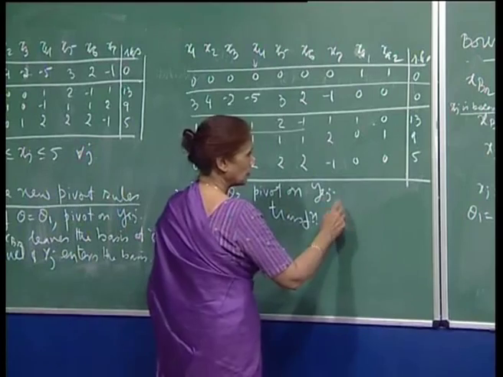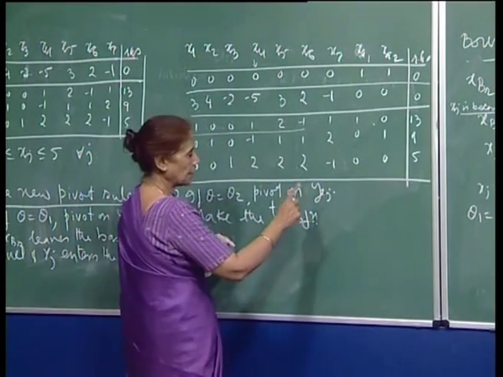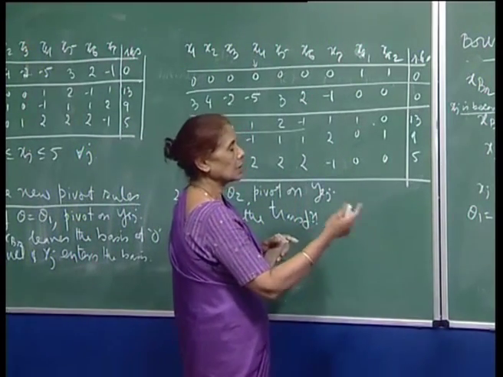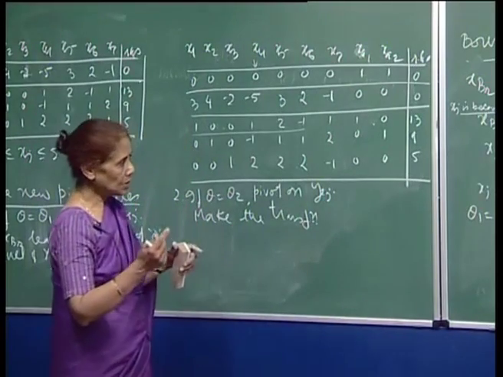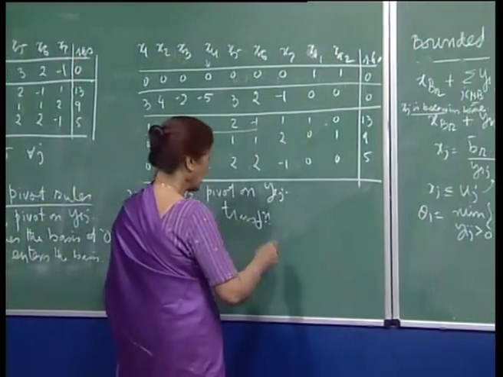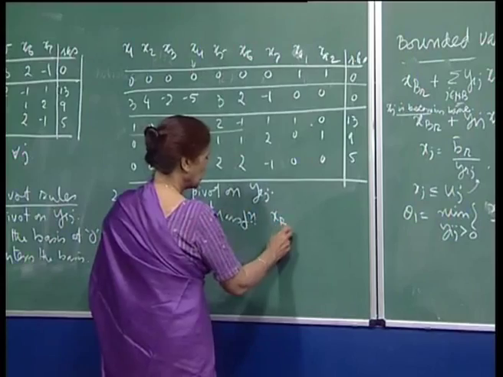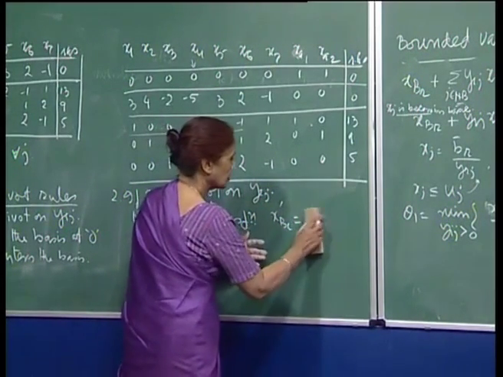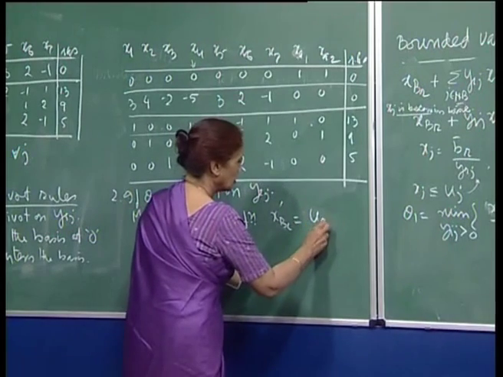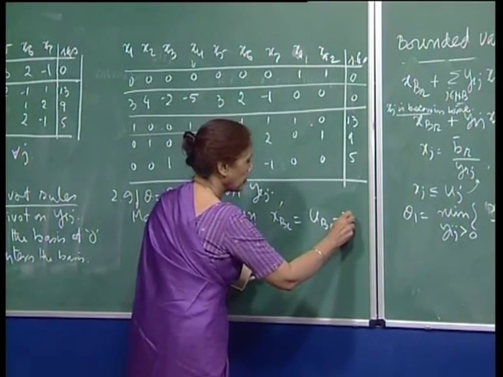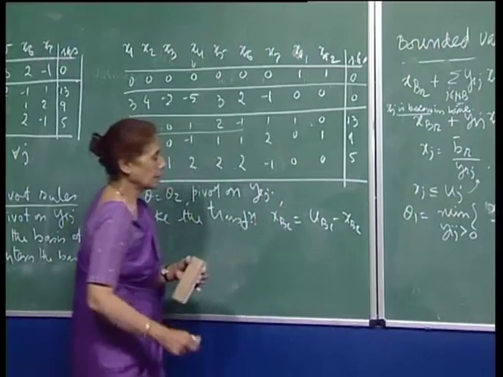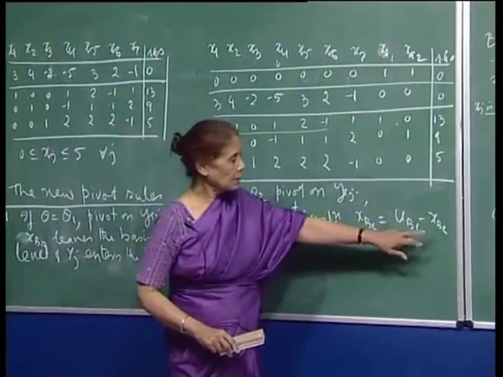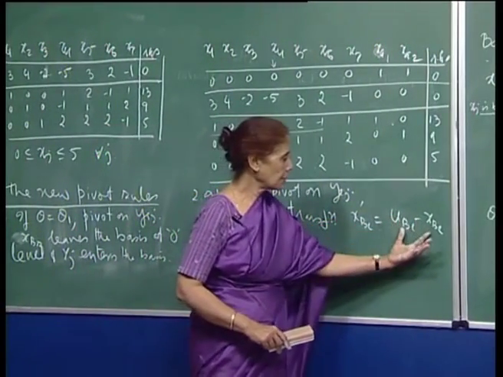But then we make a transformation, because the corresponding basic variable which is reaching its upper bound is xBL. Make the transformation xBL prime is UBL minus xBL. Because xBL would have reached its upper bound, this will become 0.